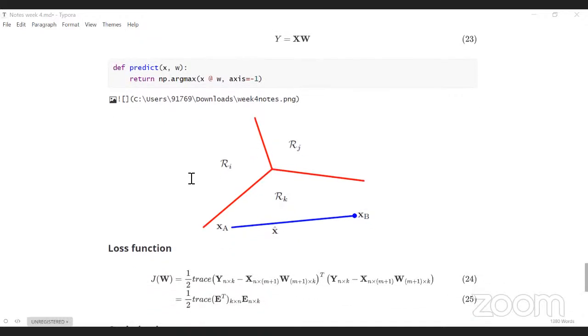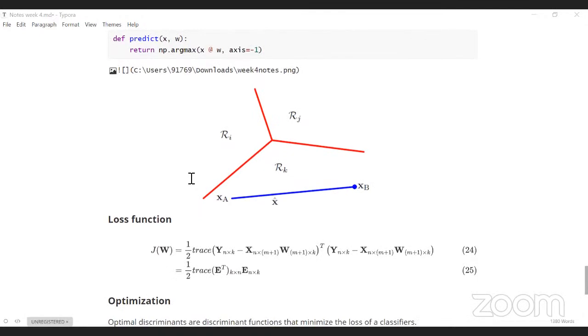Because if it's argmax and I have, let's say, 5 classes, it can go from 0 to 4. But when I do label encoding for 4 classes, it will be like 0, 0, 0, 1 or something like that, either 0 or 1, depending on which element I am in.